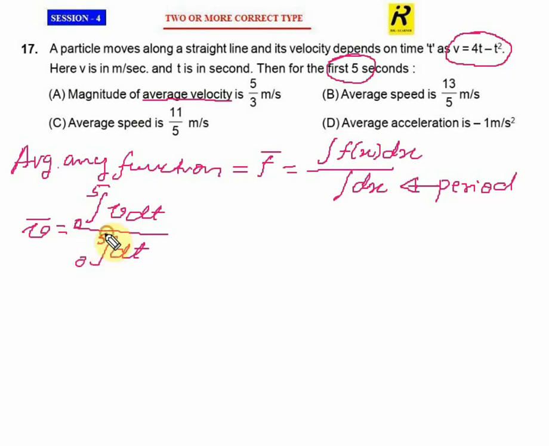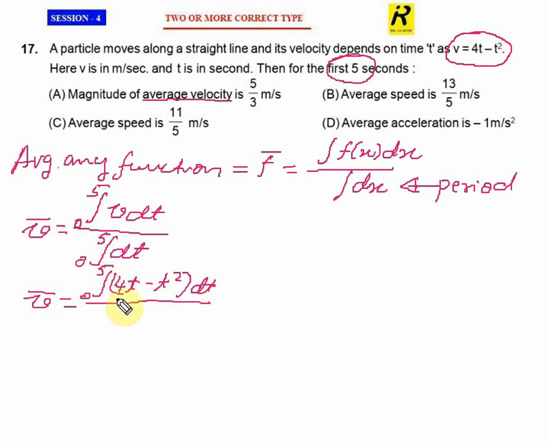So I am taking the interval from 0 to 5. What is the term v? v is 4t - t². So the average velocity is the integral of 4t - t², the given function of v, multiplied by dt in the interval 0 to 5.